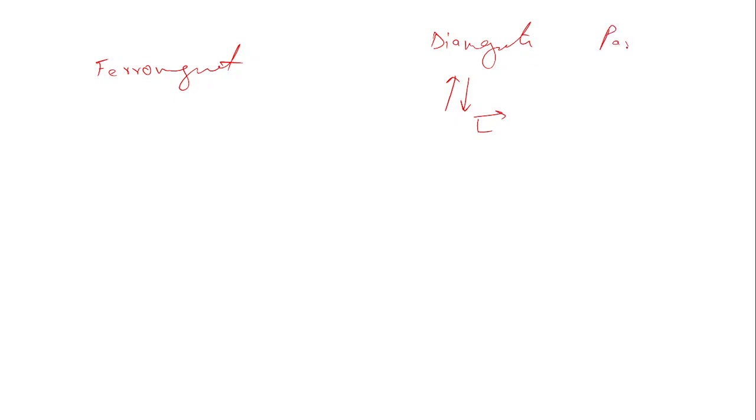In paramagnetism we saw we have unpaired electrons, thus we have a net magnetic moment. The magnetic moment is not zero, and that magnetic moment interacts with the field and gets aligned along with the field.